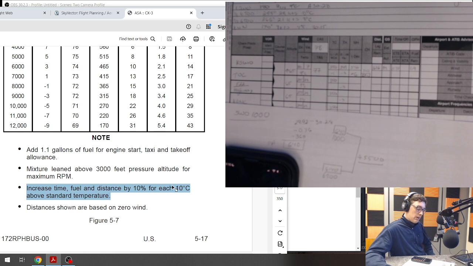Right now, standard temperature would be 13 degrees Celsius. I'm technically below standard temperature there, and I'm also below standard temperature, I believe. Let's see, 6,500. Let's do 6.5 times 2, just to see 13. I'm slightly above standard temperature for the en route portion.